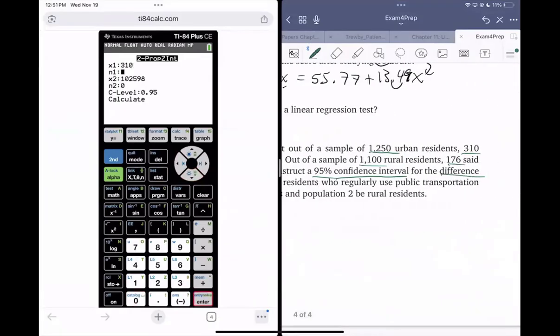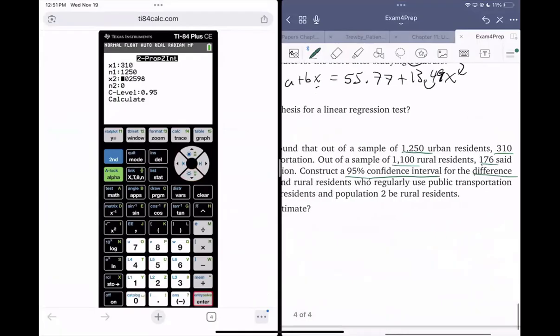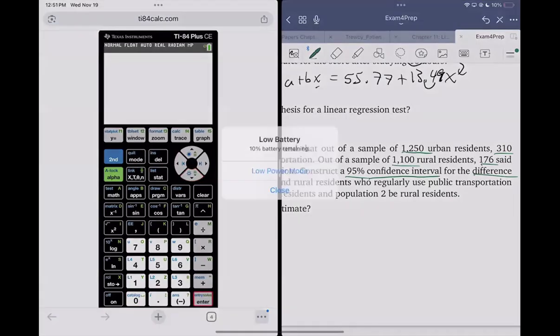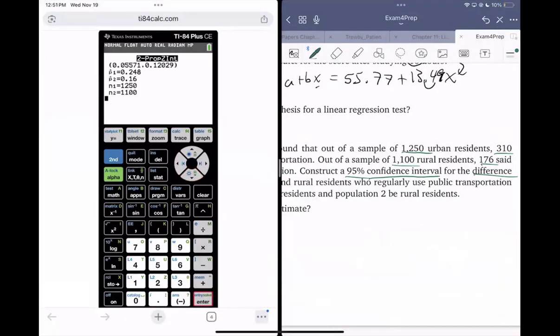Sorry, X1 is 310, N1 is 1250, X2 is 176, N2 is 1100. 95% is what we want. Go ahead and calculate that. And what do we get? We get 0.05571, 0.12029. There we go. I don't care about any of that.